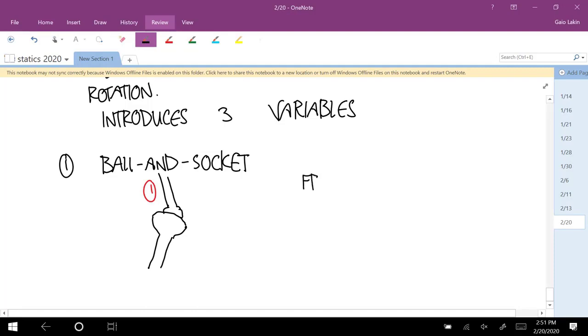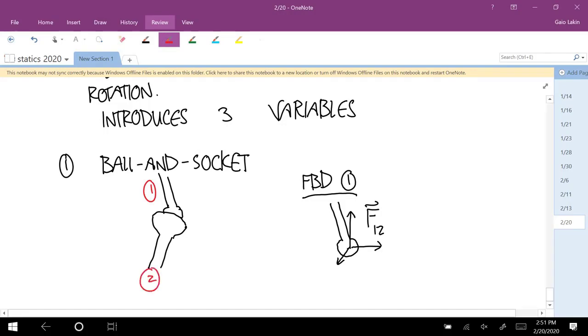And a free body diagram of that part 1 has 3 force components. And you can just represent it as like the force on body 1 by body 2.